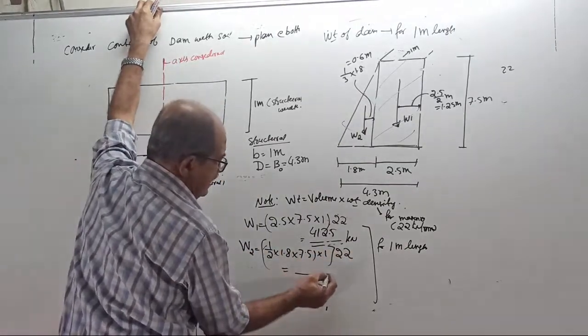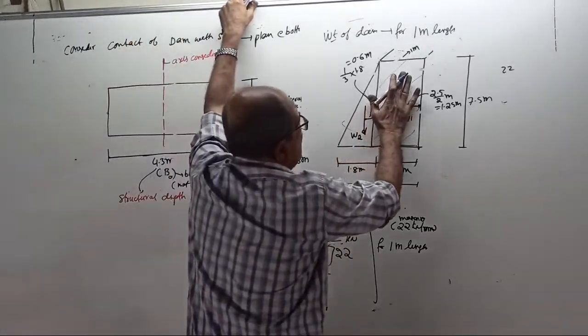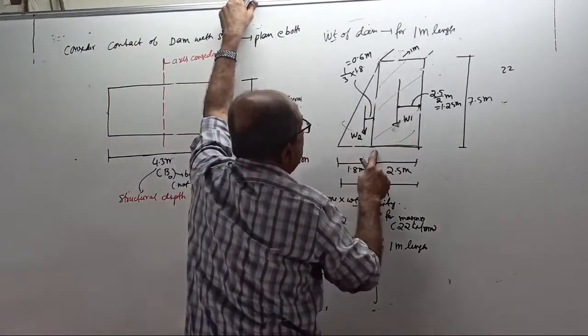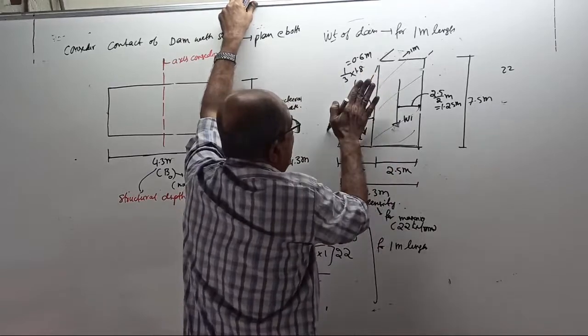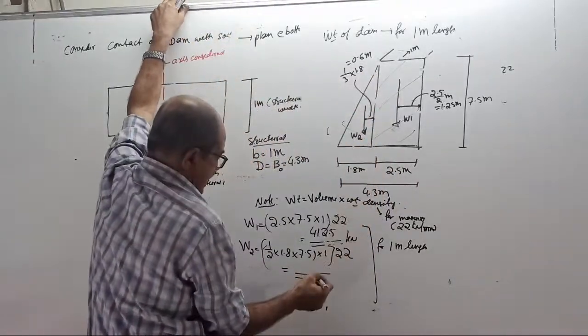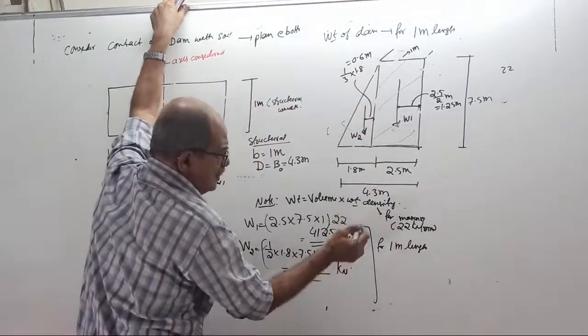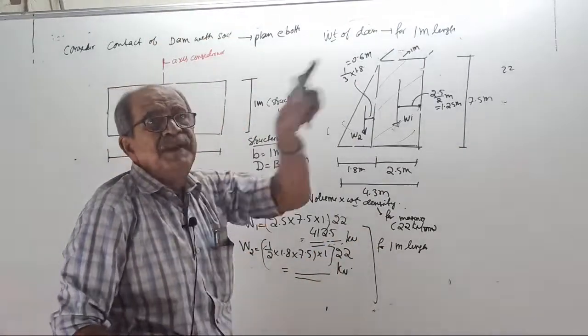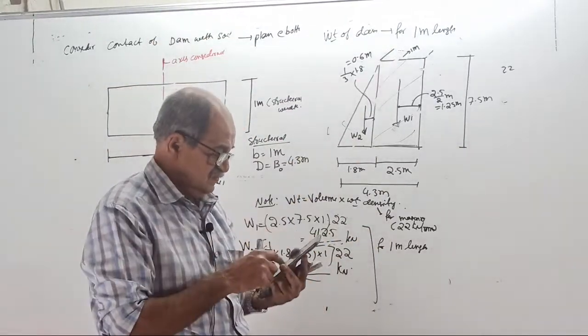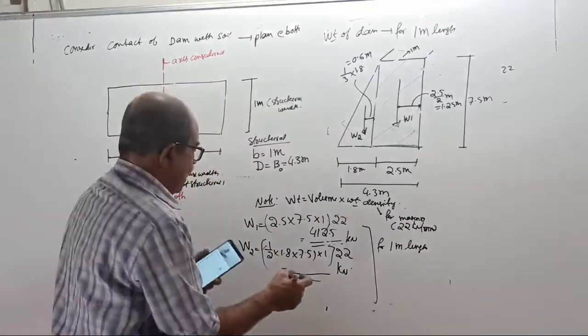W2 comes in kilonewton, but for 1 meter length, it is 148.5.